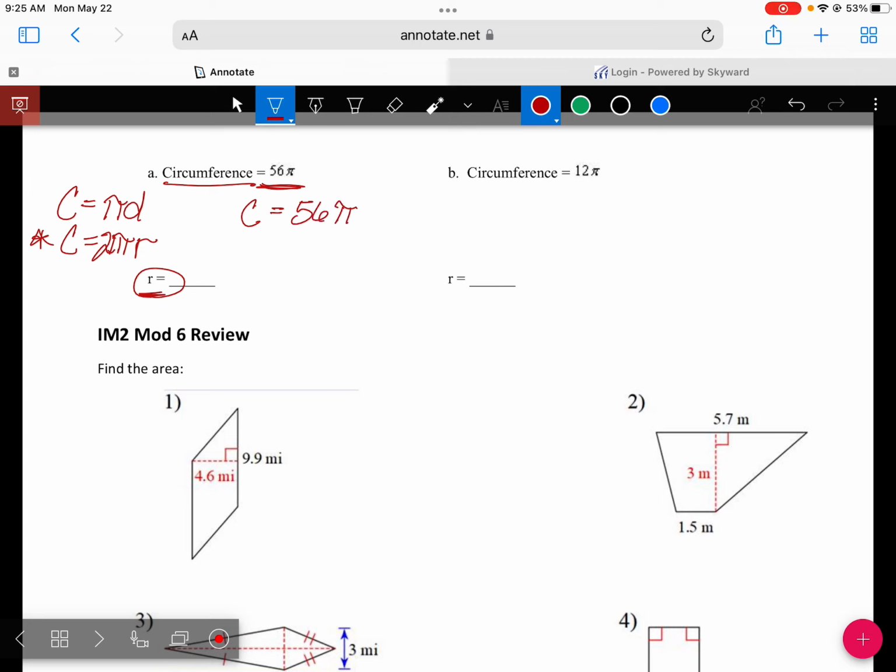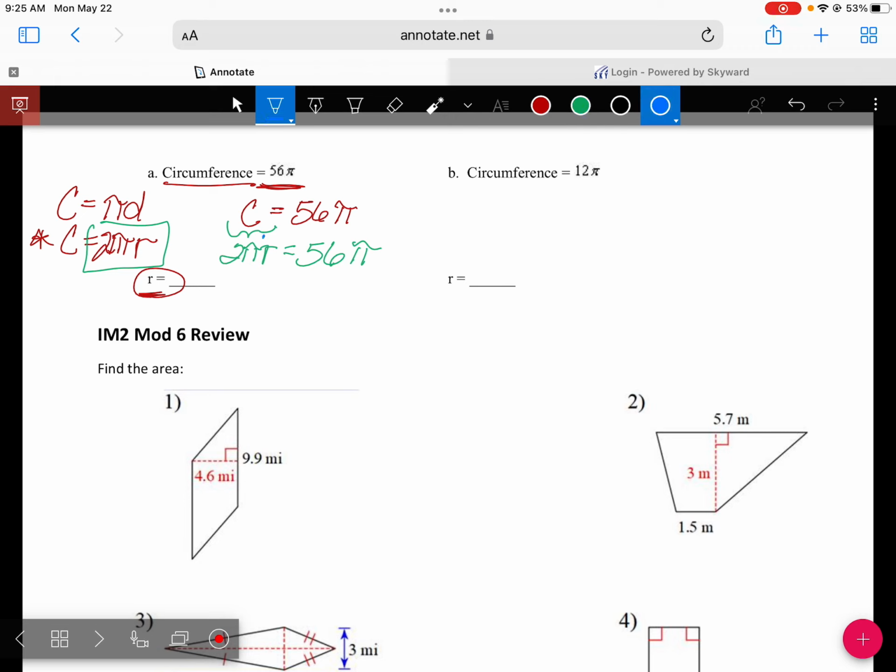They're telling me that. It's an equation pretty much. Now, circumference also is 2 pi r. Put that down in place of the C. So C is 2 pi r, but C is also 56 pi, so keep that the same.